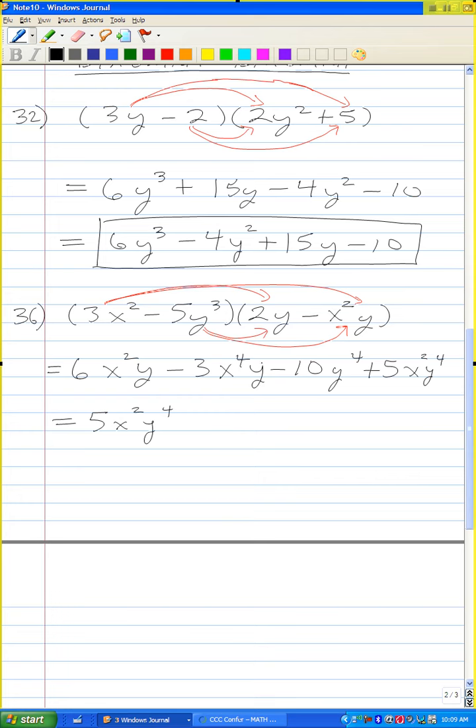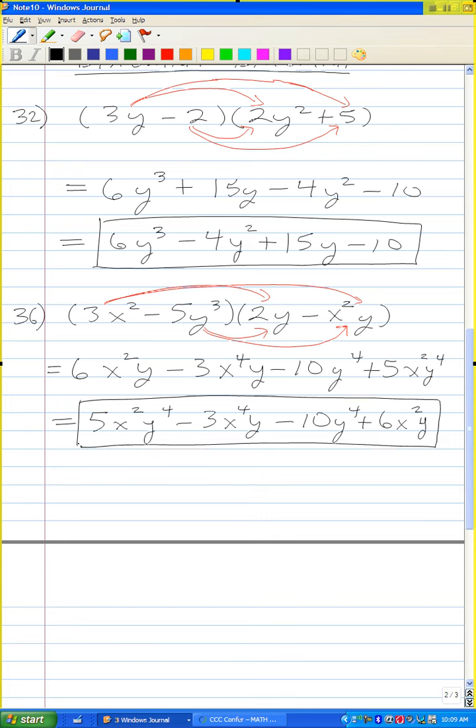And then I have a negative 3 x to the 4 y. Again, that's a degree 5 term. And then I have a degree 4 term, minus 10y to the 4, and a degree 3 term, plus 6 x squared y. And that is your answer. Of course, you could have just left it not in descending order, but I decided to write in descending order.